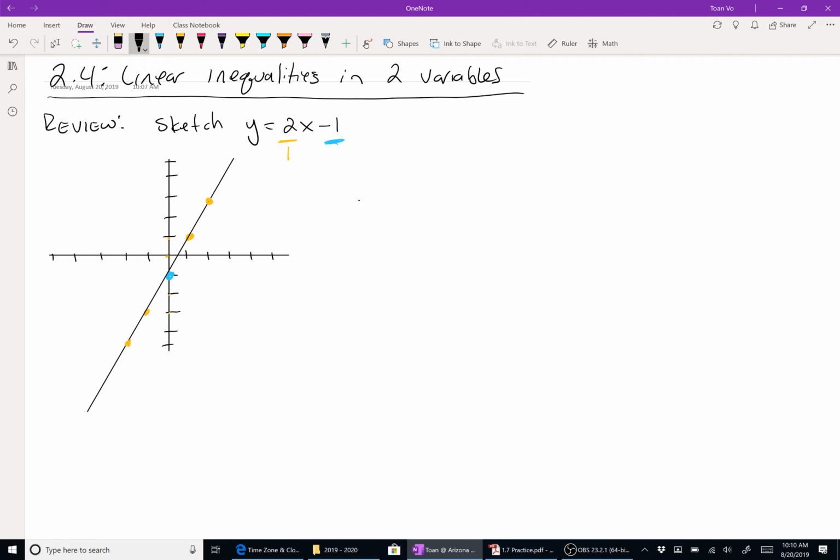So there are lots of different points that make up this line. Let's label some. This is 2, 3. This is 1, 1. This is 0, -1. This is -1, -3, and so on and so forth.